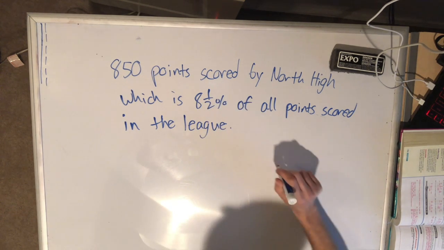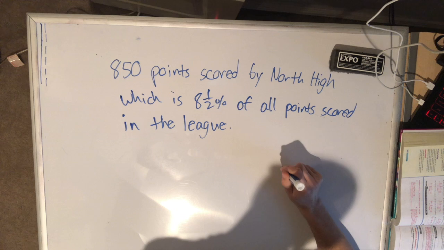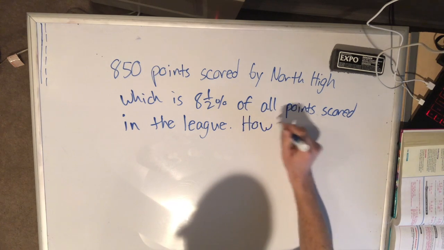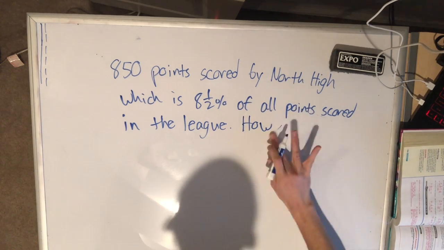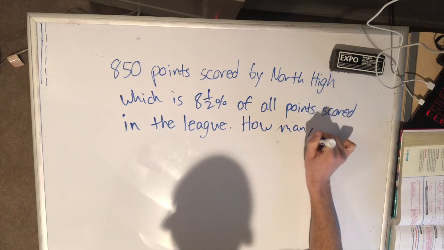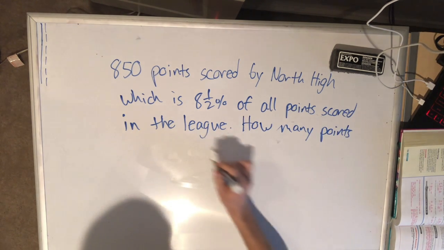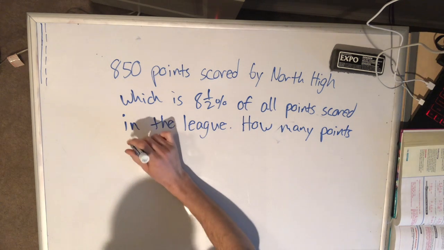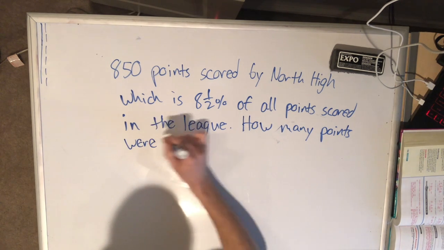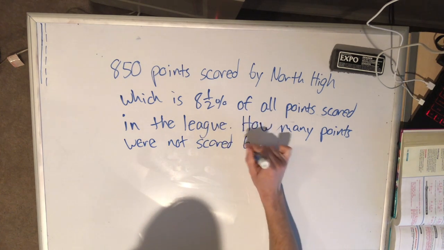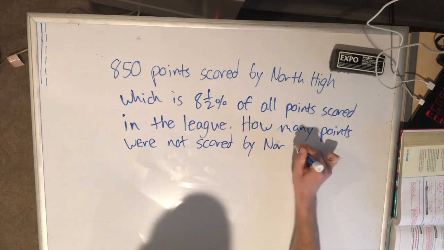And then it's asking how many points scored in the league were not scored by North High School. How many points this season were not scored by North High in the league?